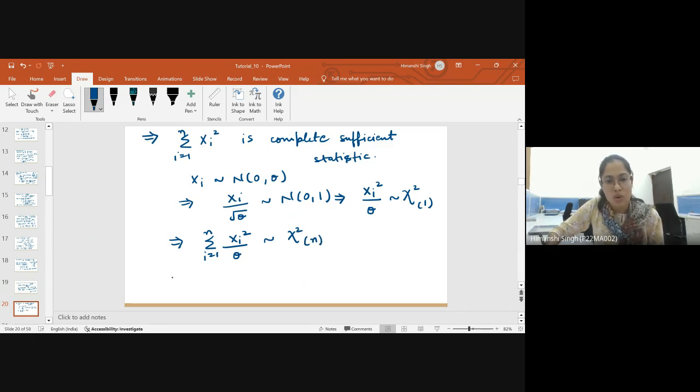So the expected value of summation i going from 1 to n of xi square by theta will be equal to the degrees of freedom, which is n.